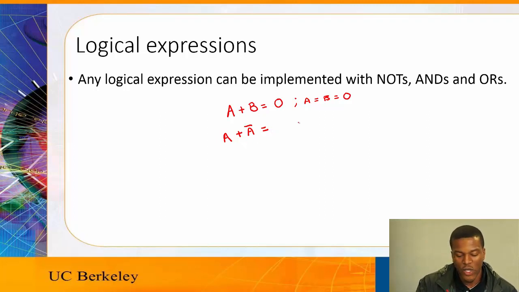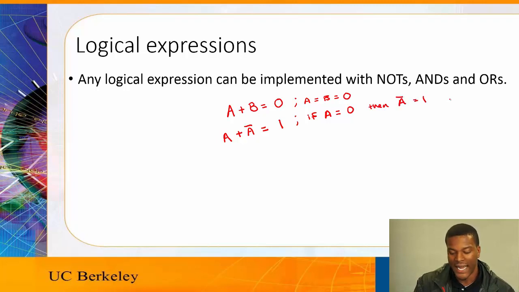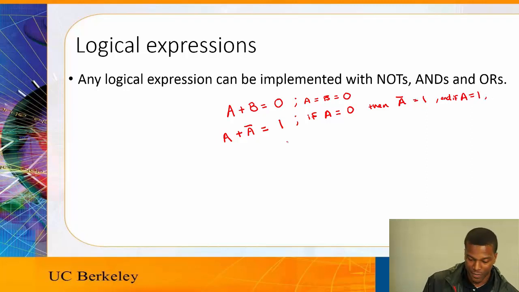Since we know that only one of these has to be high for the output to be high, we can automatically assume that this is high, because even if A is low, then NOT A is high, and if A is high, then the output is high regardless.